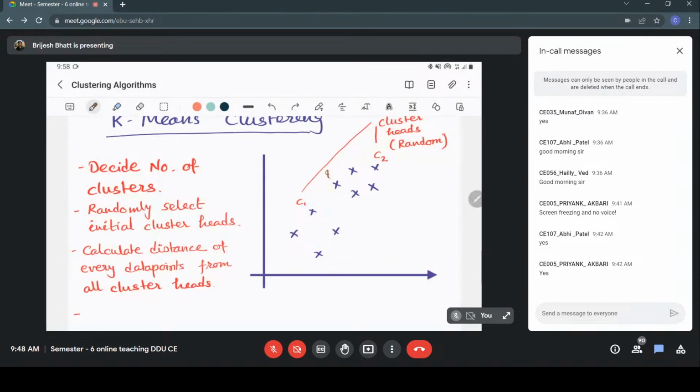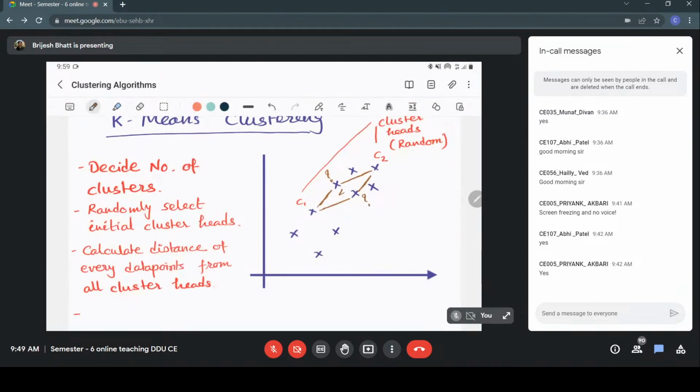So for this, I am saying that this distance is less than this distance, right? And for this second case, this one, I guess this distance is greater than this distance.